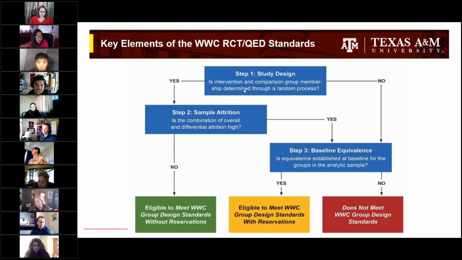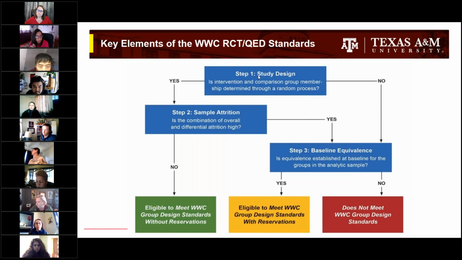However, if an RCT has a high attrition rate, either in overall or differential attrition, then the highest rating for that RCT would be meets WWC standards with reservation, if those high attrition RCTs can establish baseline equivalence for their analytical samples.